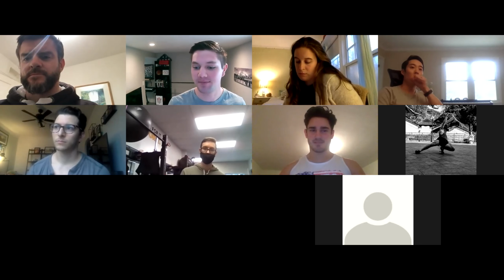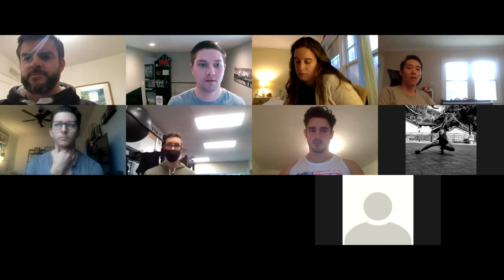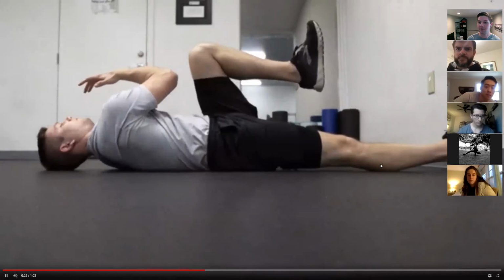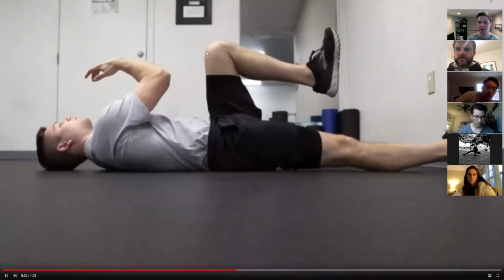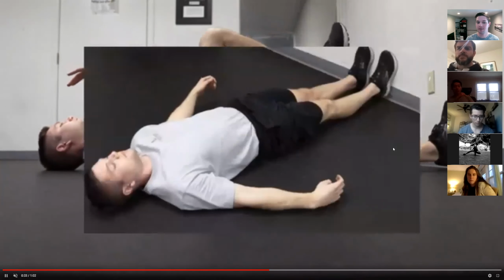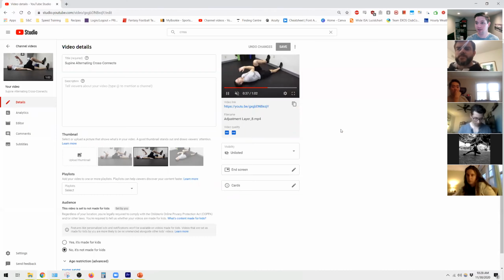Okay, this will work. Something like this activity right here, lay flat. Something like that is going to train hip extension on the down leg, hip flexion on the up leg. We're going to see this one next week for sure. That is one way you can train hip extension, but you also have to have the muscular integration as well.